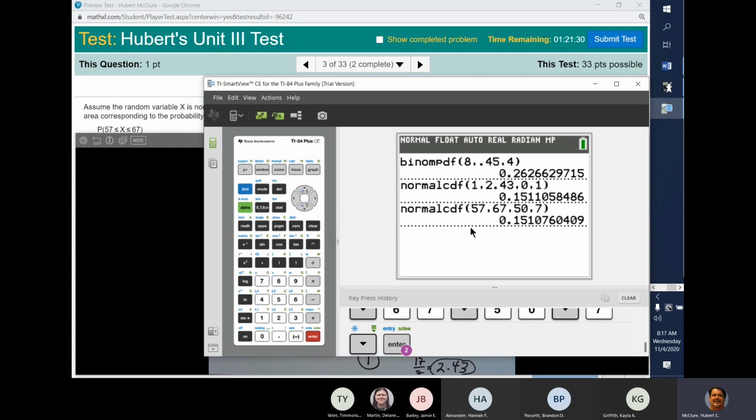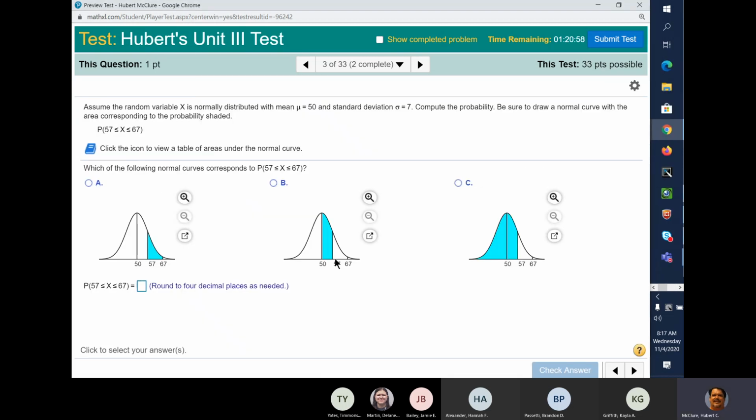When you round, that's when you divide, that 2.43, like you said, Miss Griffith, I think you said, it would be 2.428 or something like that. In other words, there's a little bit of difference between the two numbers because of the division of that 17 divided by 7. Everybody good there? So 0.1511. And 57 to 67 would be that one.